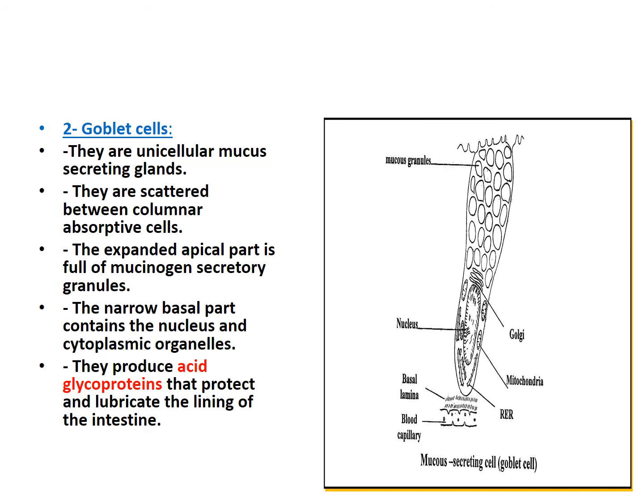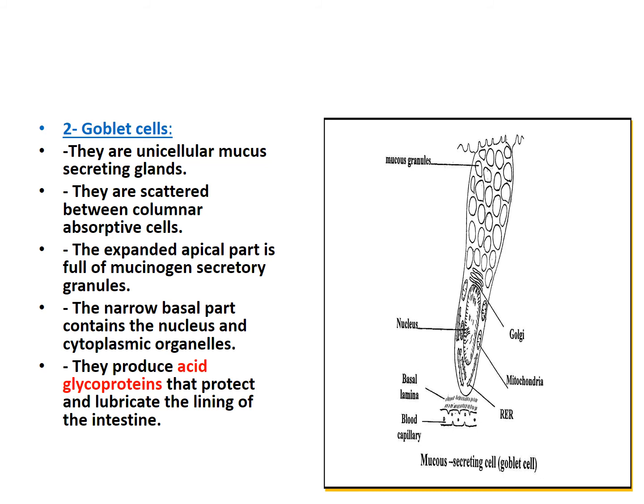The second type of cell, goblet cell. They are unicellular mucus-secreting glands, each cell considered as a gland. They are scattered between columnar absorptive cells, and as we said, small amount in the duodenum, more amount in the jejunum. It is most numerous in the region of the ileum.